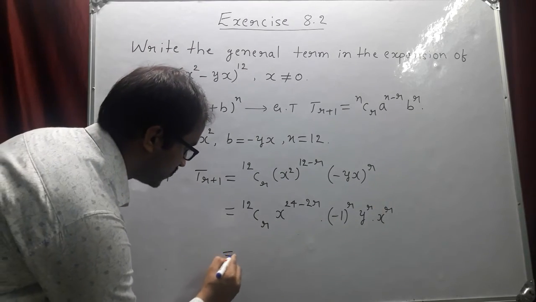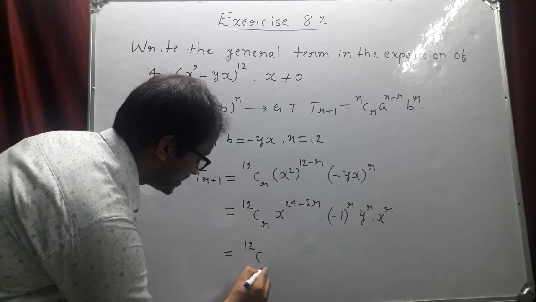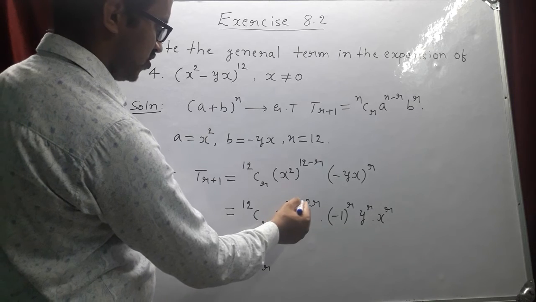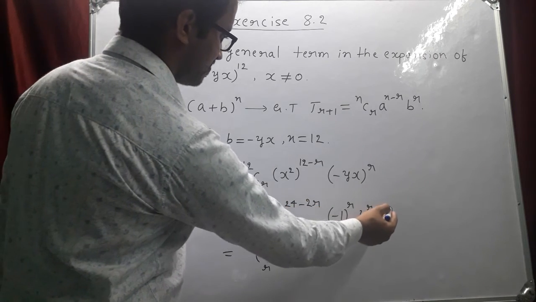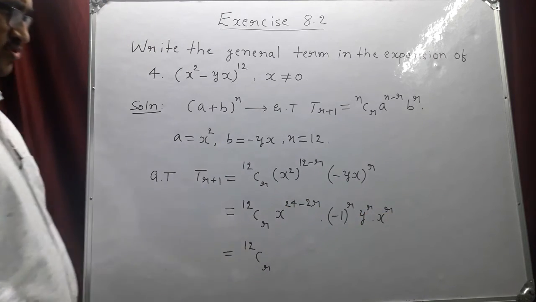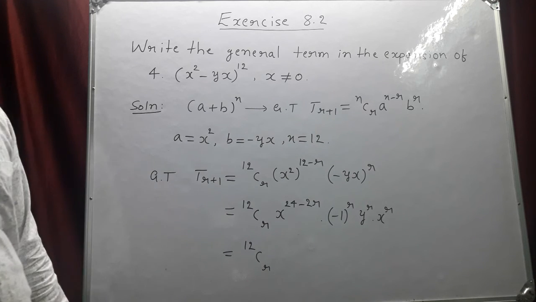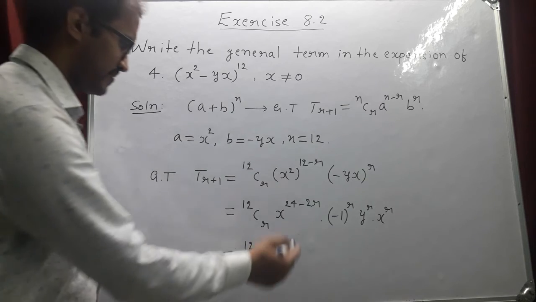So that is equal to 12Cr x^(24 − 2r) into xʳ. We know that xᵃ into xᵇ can be written as x^(a + b).